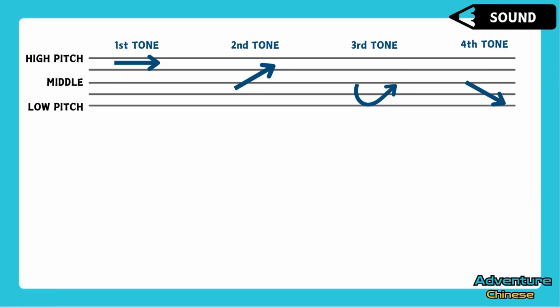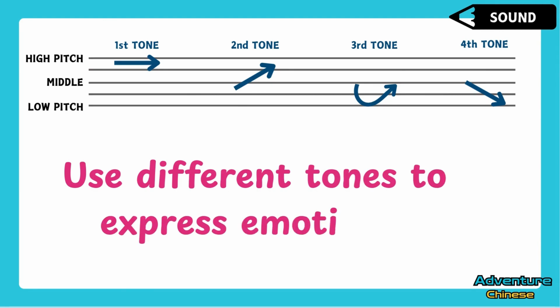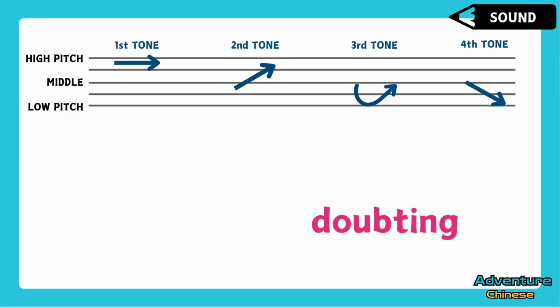In English, actually sometimes we also use intonation to express our emotions. For example, when we are unsure, we might say, "Really?" with a rising pitch. Or if we are doubting something, we will say, "Really?" with a deep and a lower pitch.